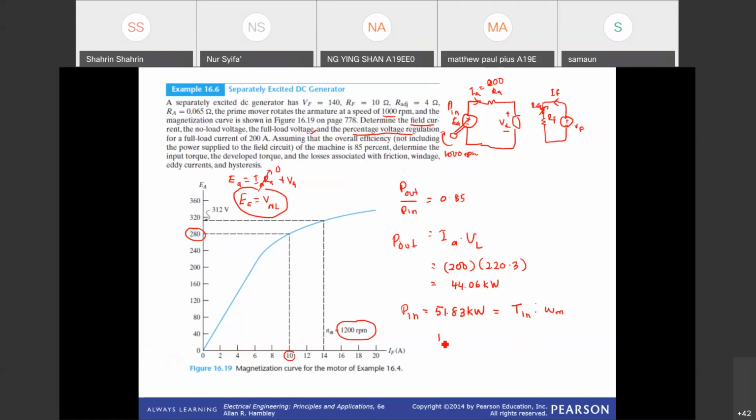So your torque input is 51.83 kilowatt over 1000 multiplied by 2 pi over 60, which gives around 495 Newton meter.